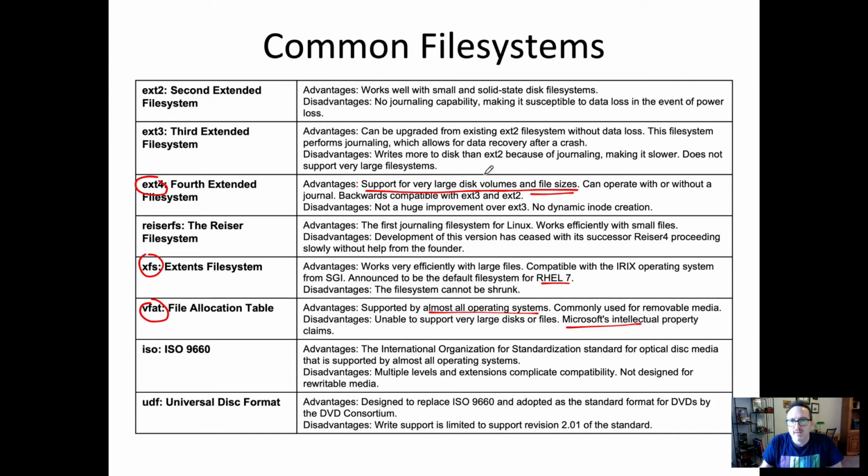So also, we have integrity. ext2, the older one, does not have something called journaling. Journaling can make it slower, but it adds integrity. ext2 also does not support large file systems or large file sizes. So you can see you want to use the right file system for the need.